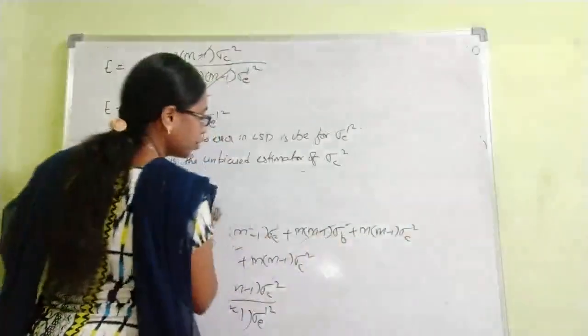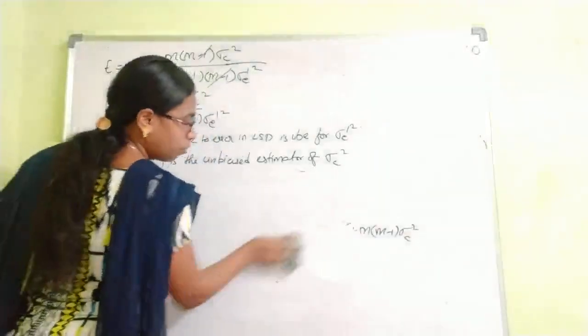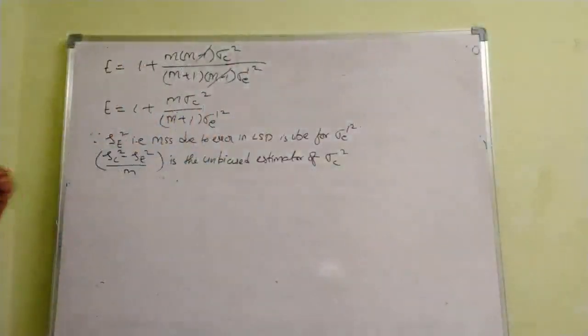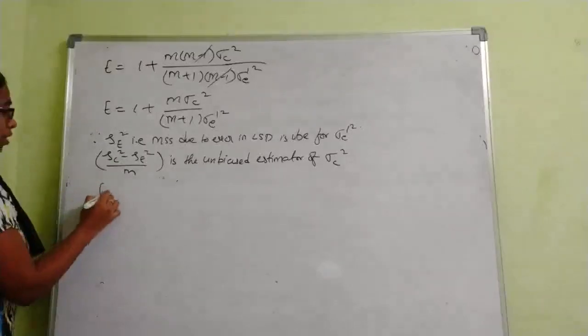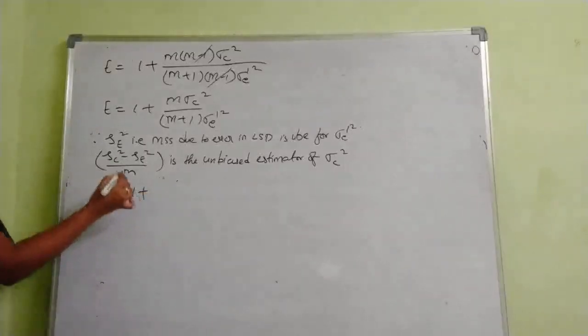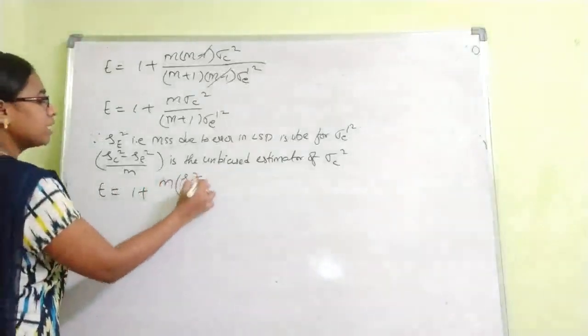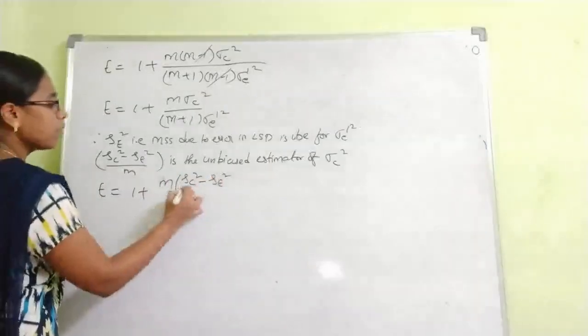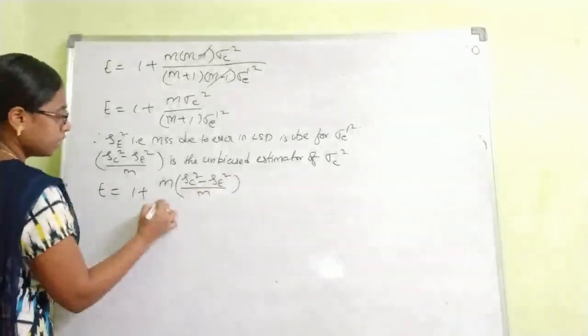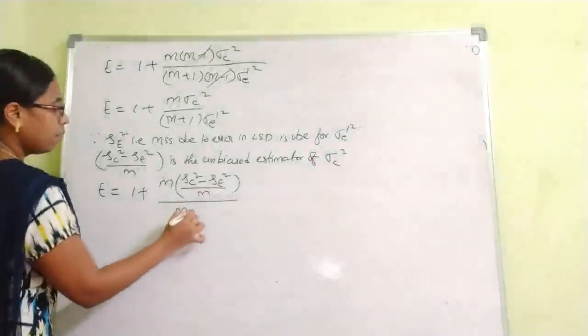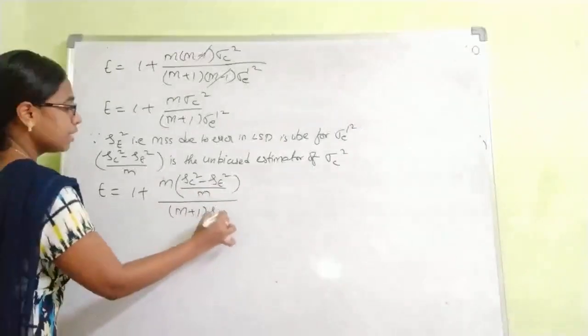So now we will substitute these values in the efficiency formula. You know how to find out these values. It is very simple. Find the unbiased estimators and substitute them. So E is equal to 1 plus m into, in place of sigma c square we write SC square minus SE square by m, divided by m plus 1 into SE square.